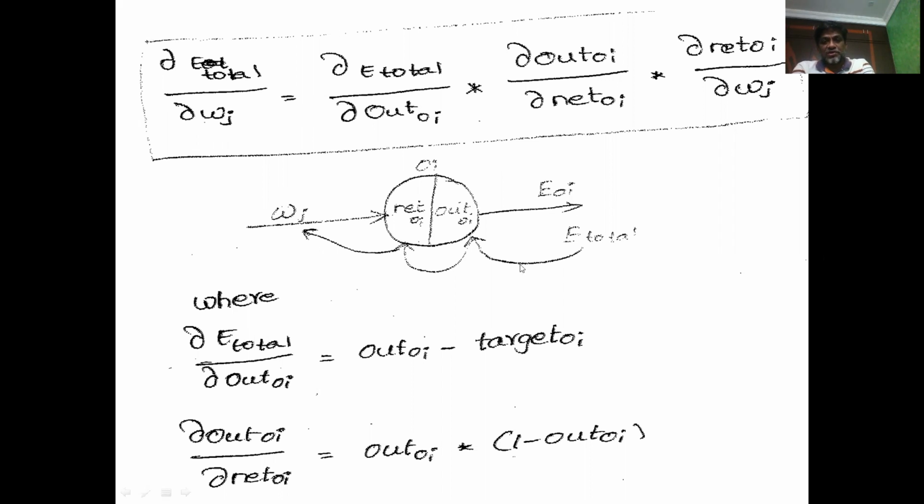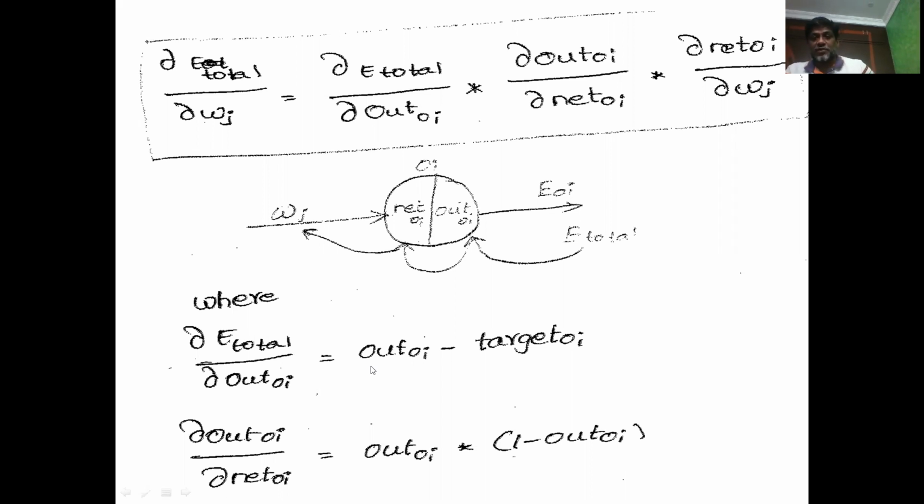You need to remember the formula like this: dou E total by dou out Oi, dou out Oi by dou net Oi, dou net Oi by dou Wj. Here, the first term, dou E total by dou out Oi, is equal to out Oi minus target Oi.